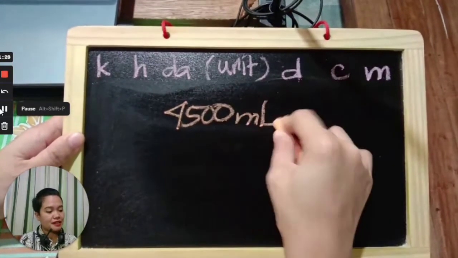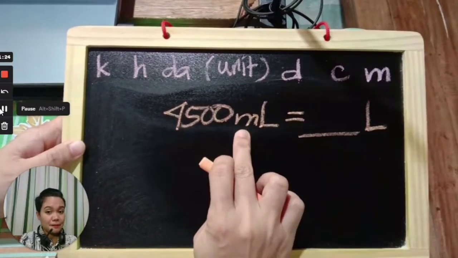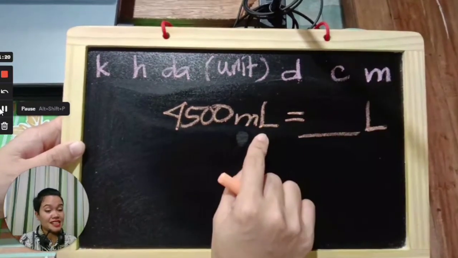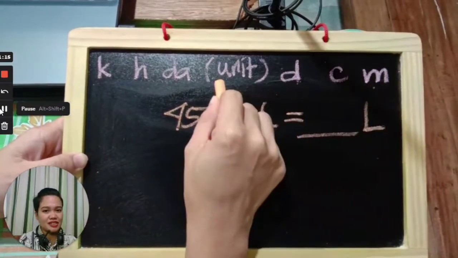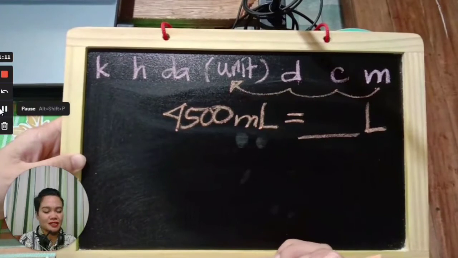Alright, so for another example, again, let's have 4,500 ml. How much would that be in liters? So M will be, of course, the prefix for milli, and L is your base unit, liter. So from milli to your base unit, that is 1, 2, 3 places to the left.